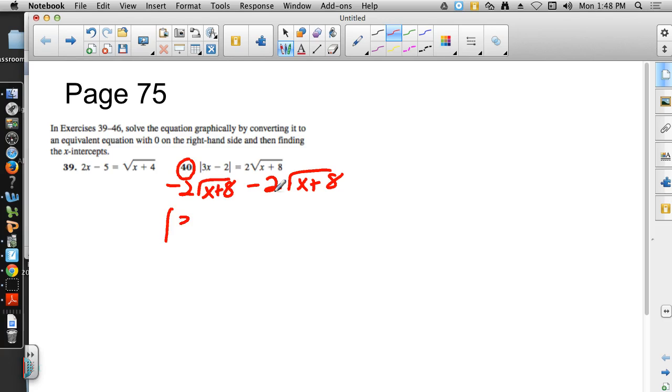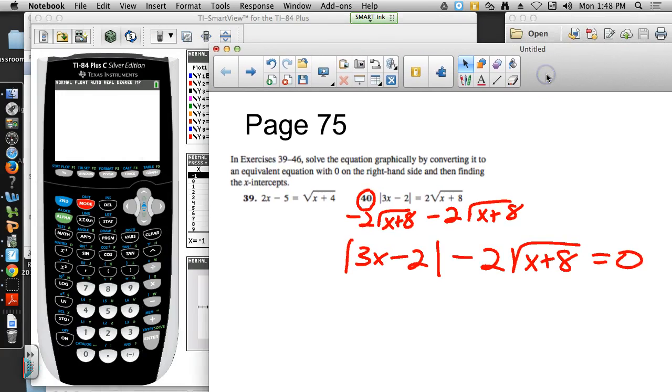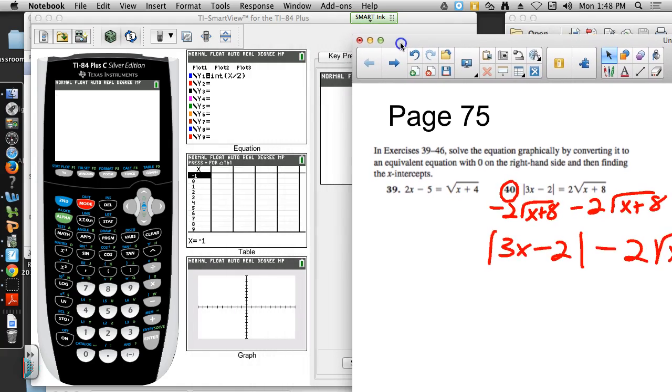And that would give us the absolute value of 3x minus 2 minus 2 square root of x plus 8 equals 0. And then they just wanted us to use the graphing calculator to see what that comes out to be.